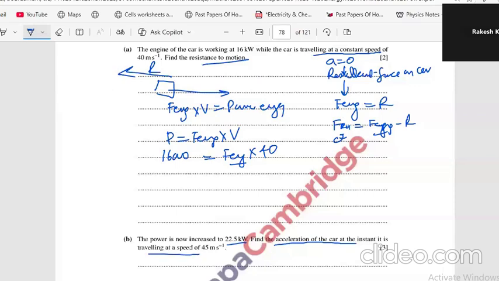When F engine is equal to resistance, acceleration is zero, speed is constant. But now there is an acceleration. So acceleration is something. That means F engine must not be equal to R. That means F engine minus R must be equal to MA.